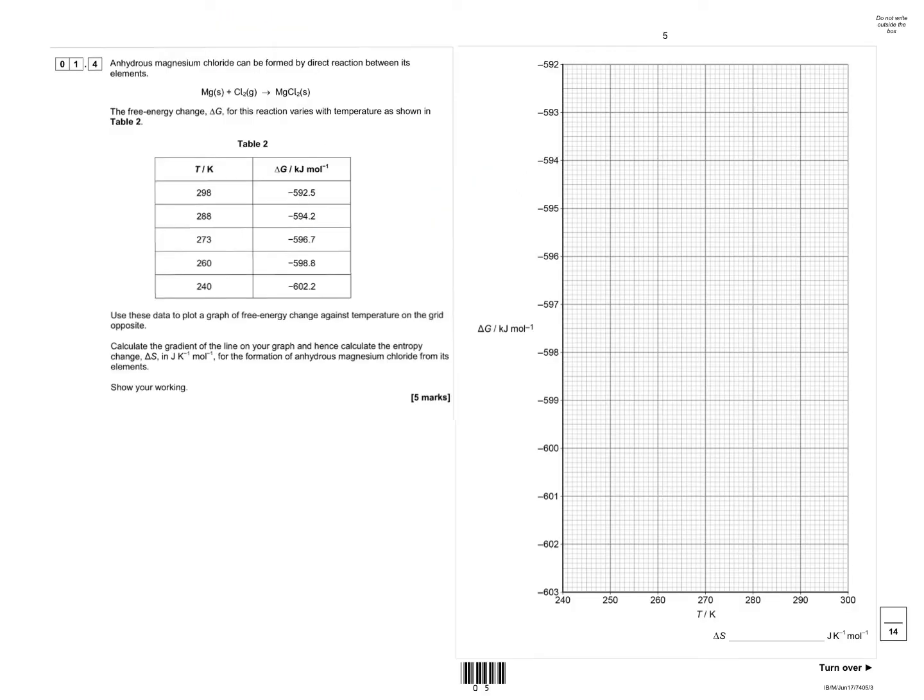This question's about Gibbs free energy, but it's slightly different to ones you've seen before. They're giving you Gibbs free energy at different temperatures and asking you to use them to calculate the entropy change for the reaction.